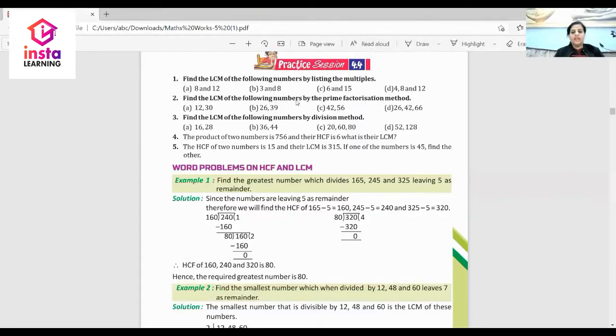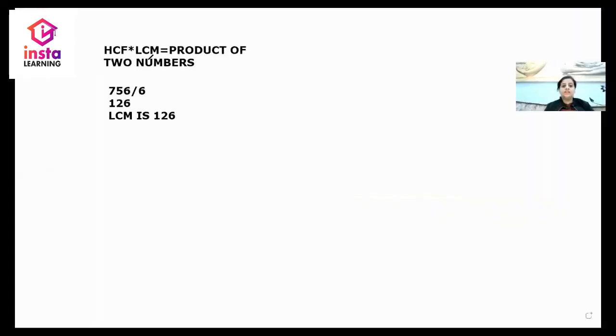So in that exercise 4.4, point 4 is, the product of two numbers is 756 and the HCF is 6. What is their LCM? So you should know the rule, that I have already written, HCF into LCM is the product of two numbers. Okay, it means you have to multiply.